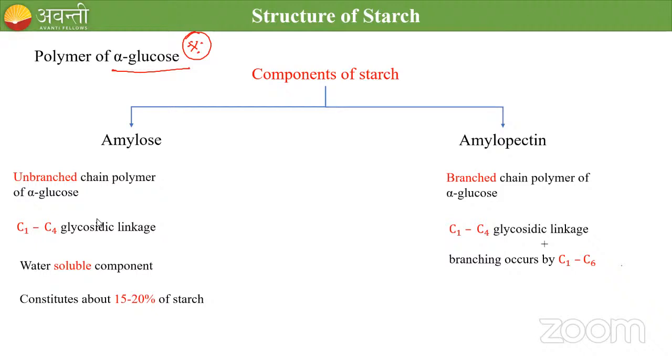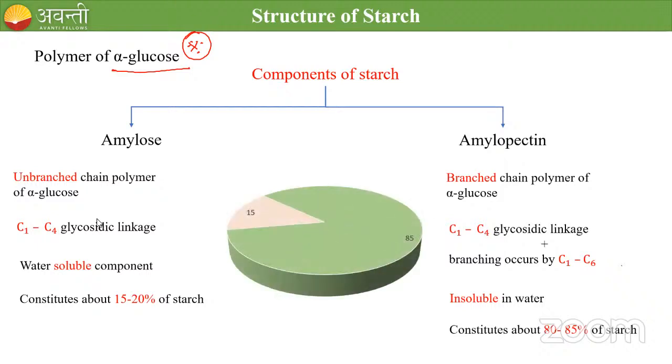Unlike amylose, amylopectin is insoluble in water, and it constitutes about 80 to 85% of the starch. So the major portion of starch is amylopectin. Got it? 15% for amylose and 85% for amylopectin.